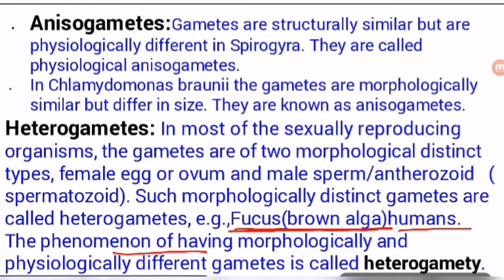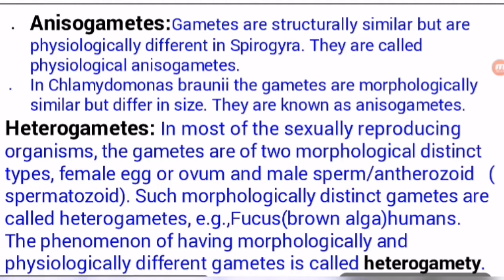The phenomenon of having morphologically and physiologically different gametes is called heterogamety. Students, in 11th class one question is very popular, heterospory, two types of spore, but here heterogamety.